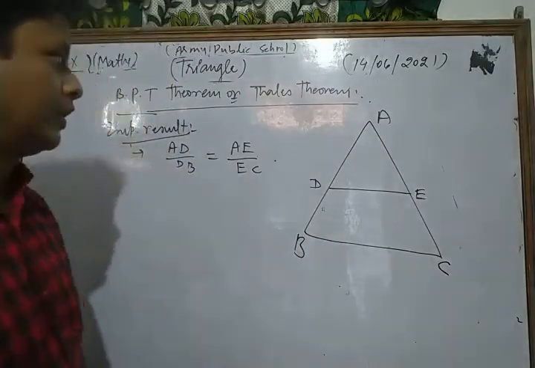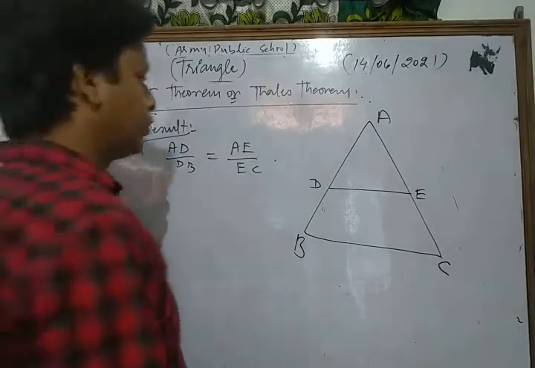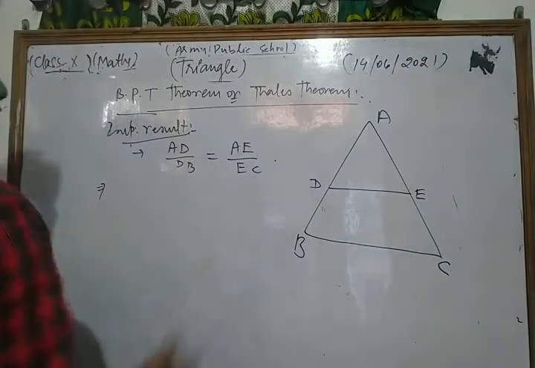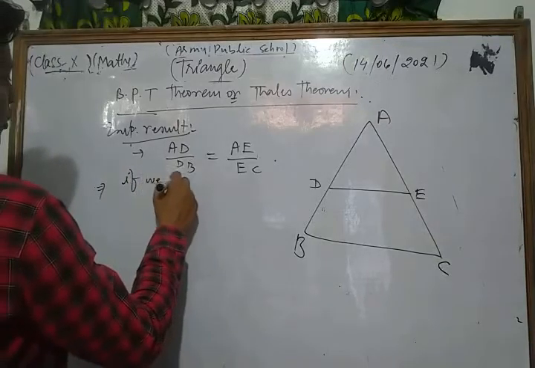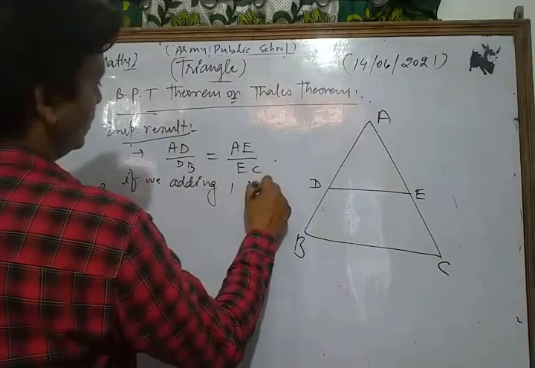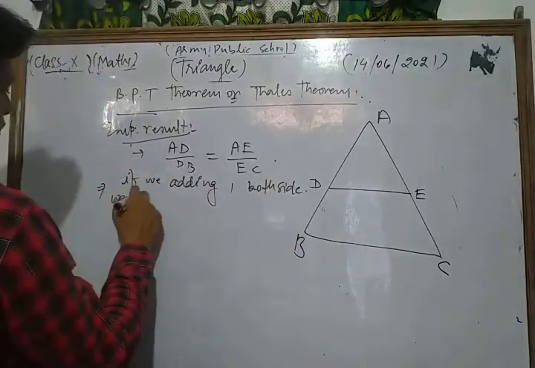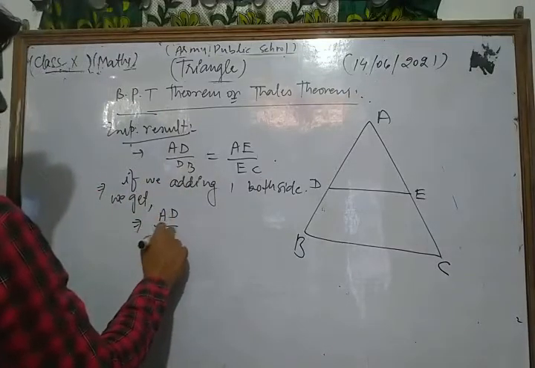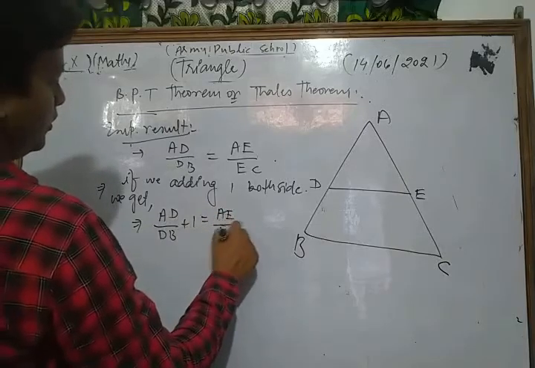Now there is one more important result that comes from that result. Let's see, if we add one to both sides, we get AD upon DB plus 1 equal to AE upon EC plus 1.